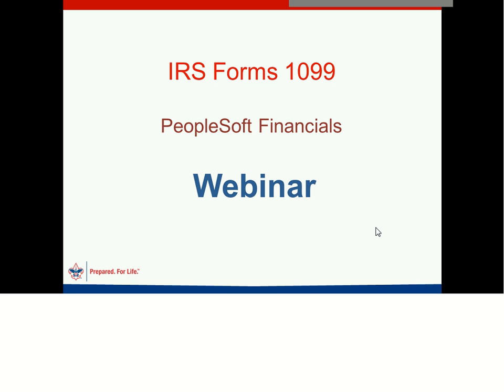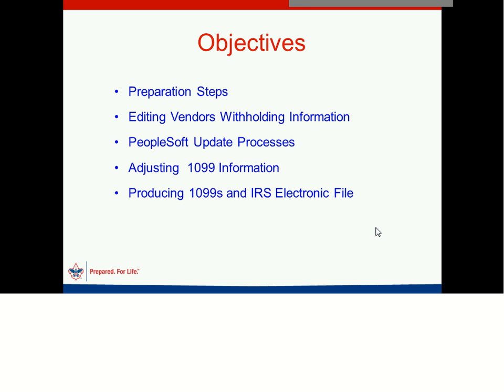Hello, this is a webinar to review IRS Form 1099s and how we can produce them in PeopleSoft financials. So today we're going to review some steps that the council will need to take in order to identify which vendors have been flagged as 1099 withholding vendors, and also whether or not they are properly set up.